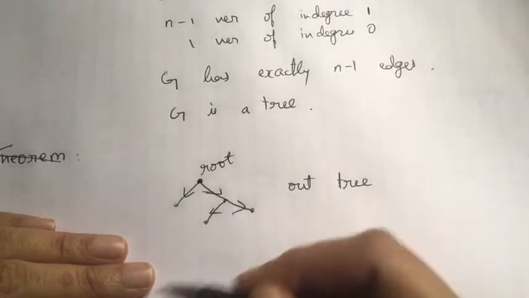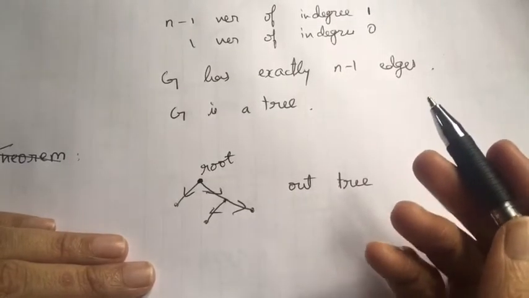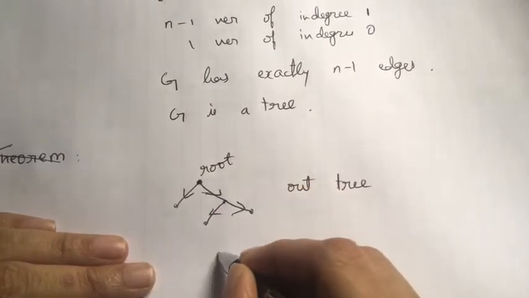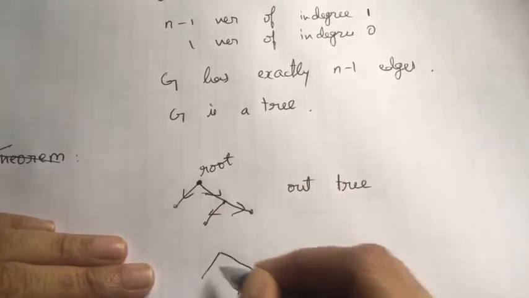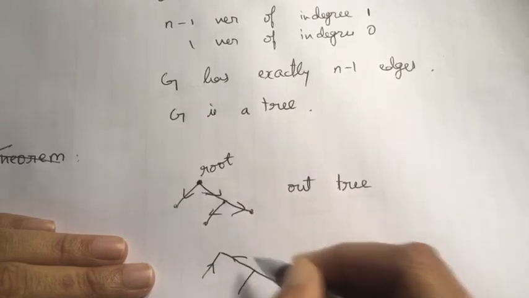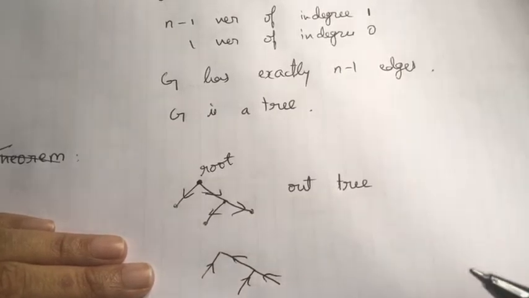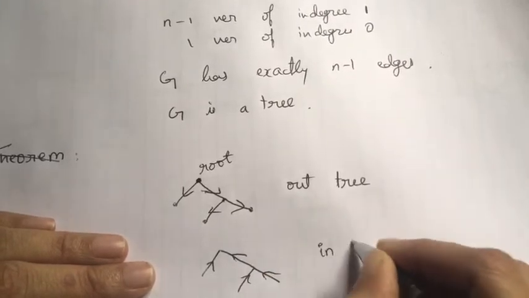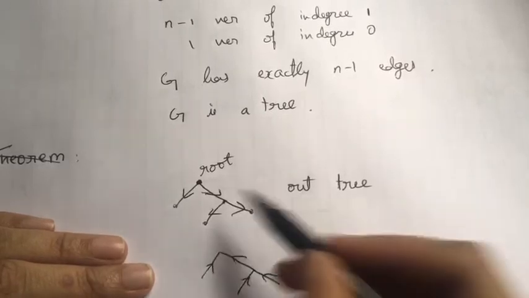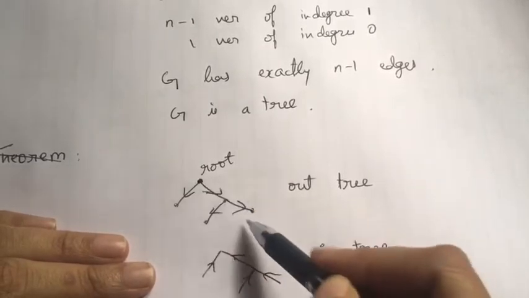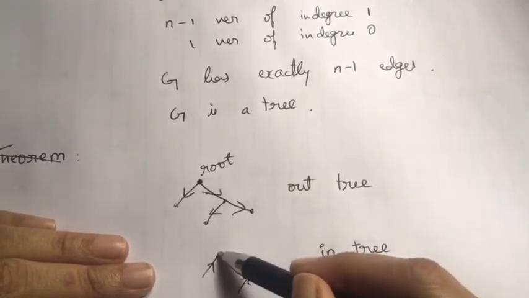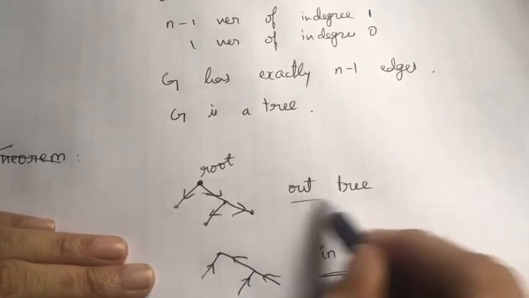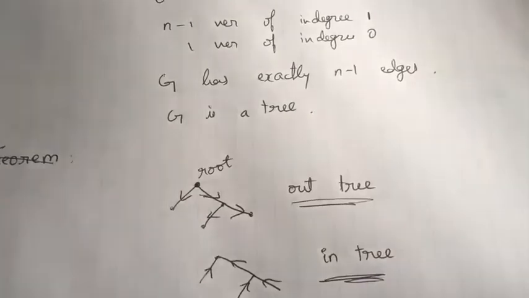If I reverse the direction of every edge in the arborescence, I get something like this, and then it is called an in tree. Here edges are directed out of the root and here edges are directed into the root. Therefore, this is called in tree and this is called out tree.